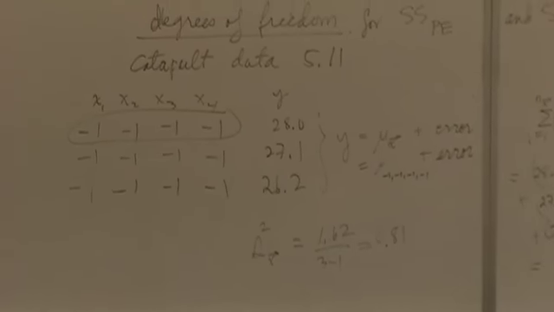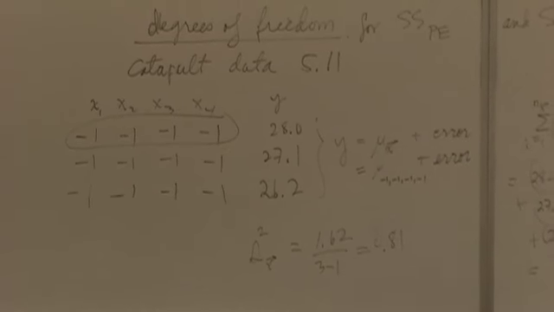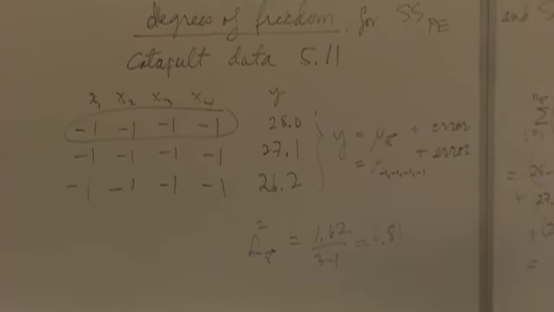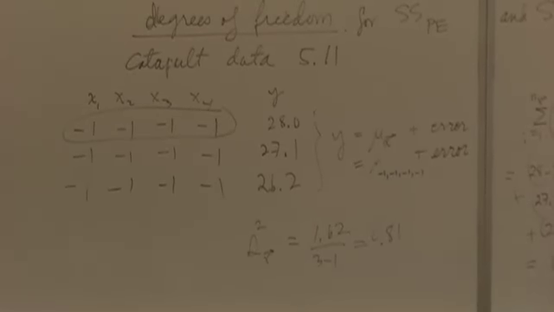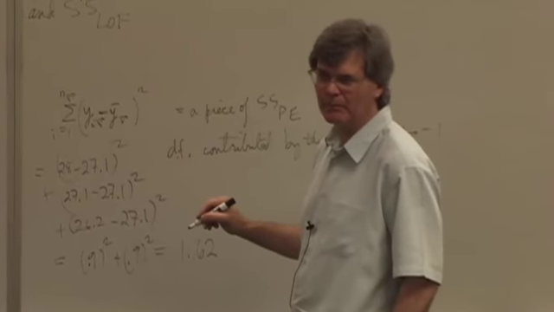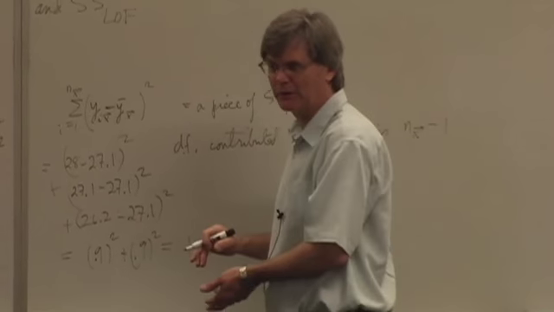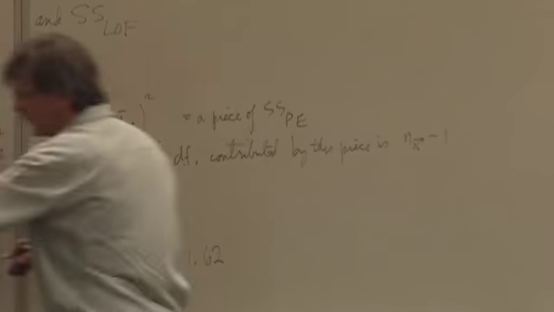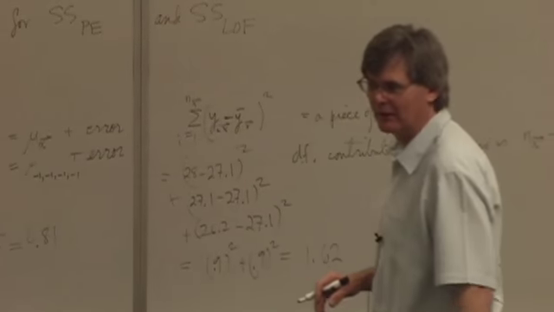But we don't divide the sum of squares by its degrees of freedom when making the total contribution to SSPE, because what we do is pool sums of squares from each of the different input x. So you're pooling sums of squares.